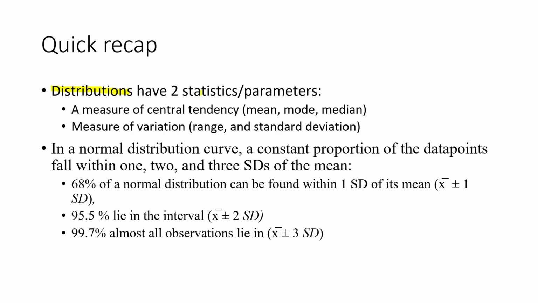All right, and so generally speaking, you'll have 68% of patients, for example, within one standard deviation of the mean. You'll have 95% of them within two standard deviations of the mean, and you'll have 99% of them within three standard deviations of the mean, which is almost all of them.